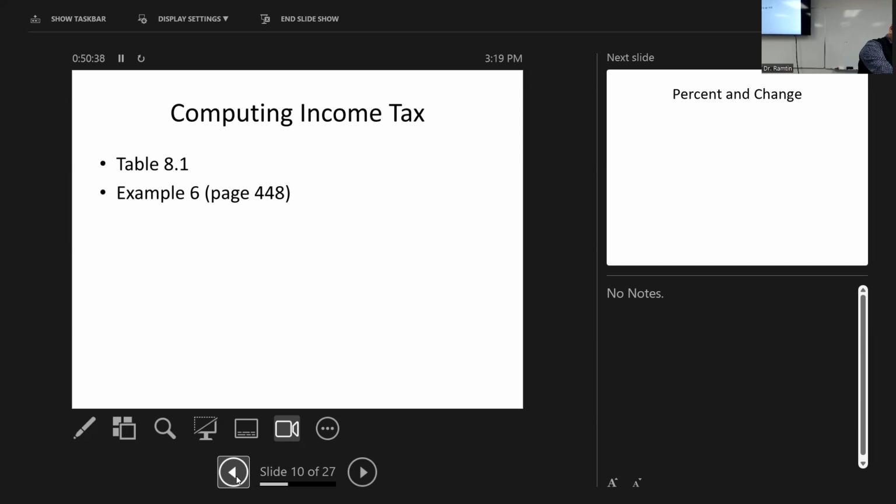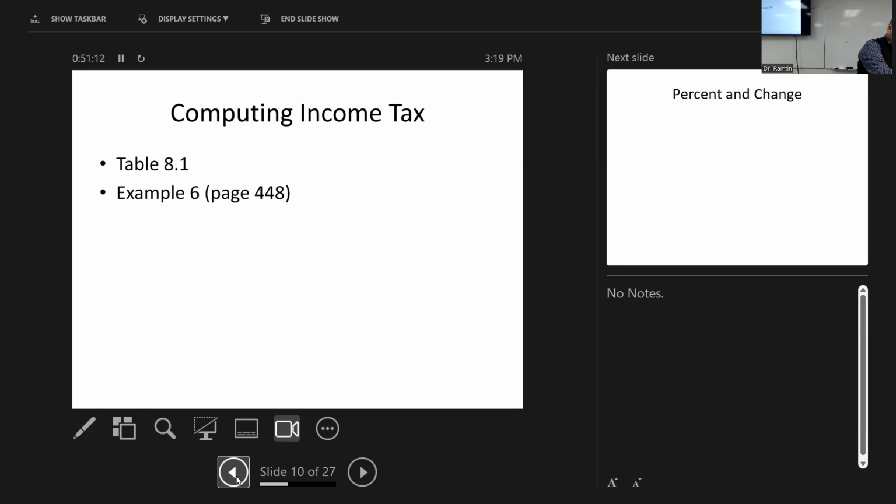We add those and subtract from 58,000, and we get 42,400. That's her taxable income. In other words, that's the amount the IRS looks at, and based upon that, they get taxes. So she earns 62,000, but actually she has to pay taxes on 42,400.